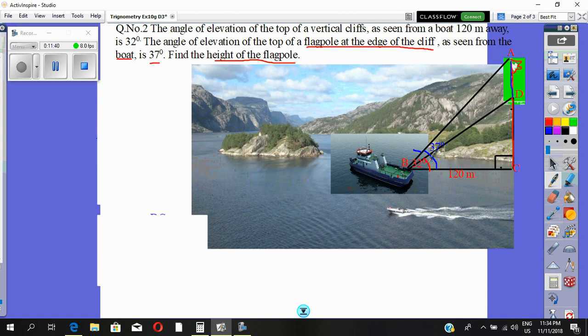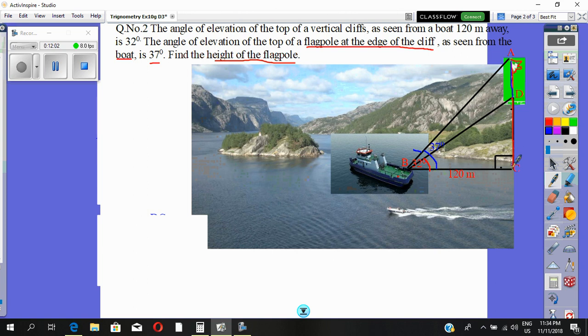Okay, we have the adjacent side and the angles of 32 and 37, the same as the previous question. First of all, we can find AC with the help of tan theta, and then DC.